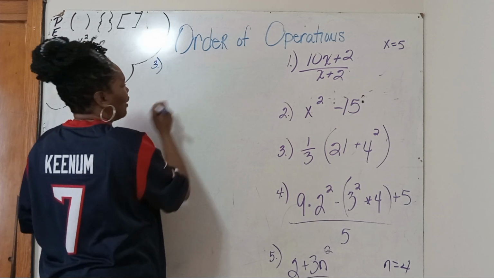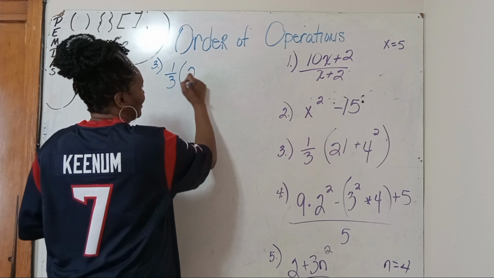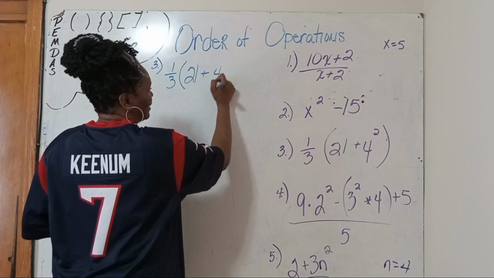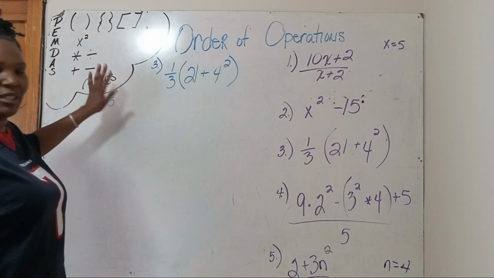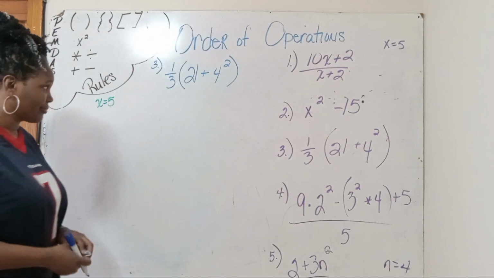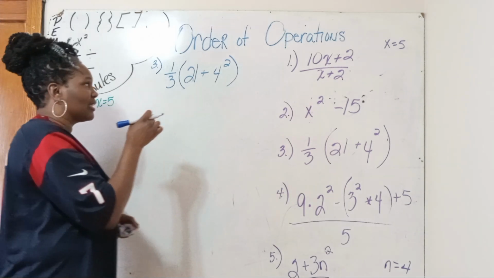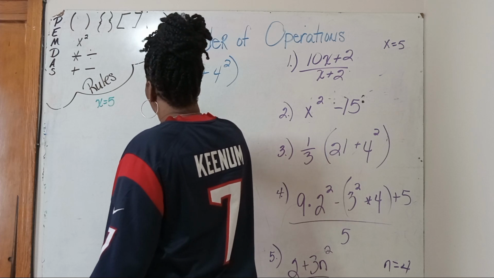Next problem, number 3. And please don't be afraid of the fractions. 1/3 times parentheses 21 plus 4 to the second. This one has no x's in it. We're just going for what we know. What does order of operations tell us to do? It tells us to go to the parentheses.